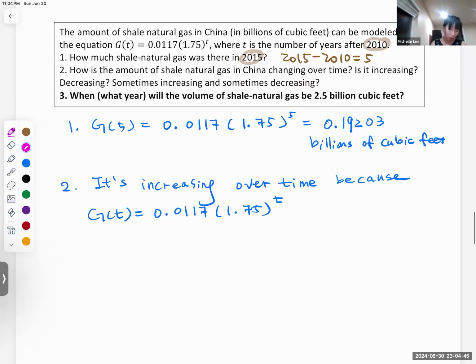This form is C times a to the t, yeah? So a equals 1.75, which is greater than 1. So it's exponential growth.